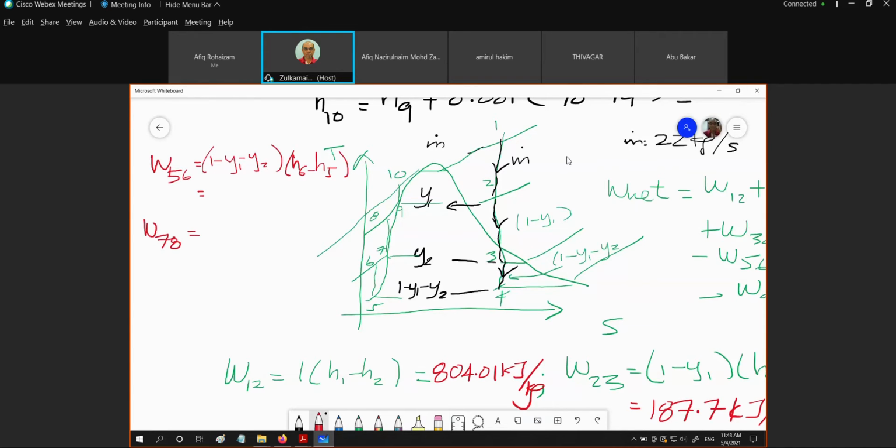So what is left is 1 minus y1, h8 minus h7. The last one is W910, which is equal to h10 minus h9. And the fraction is 1, because we have combined y1 at 9. So 1 minus y1 plus y1 is equal to 1.